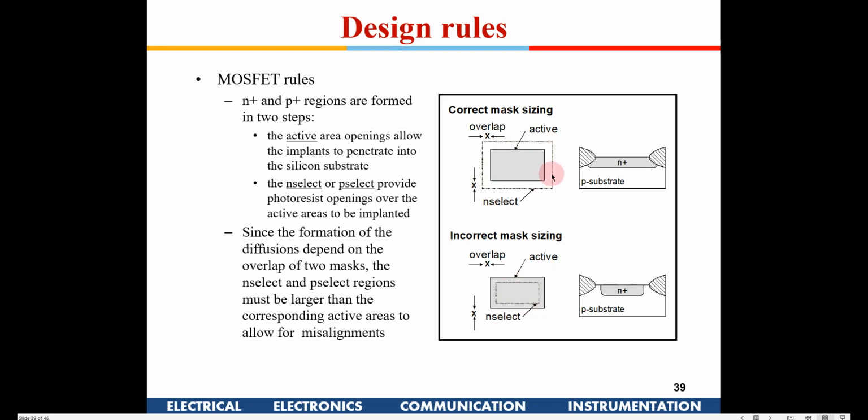This is going to get wasted here, that tolerance we take here, and we define the active area this much. So we take a bigger mask, N select. N select is the mask cutting which you have here, and this is going to be the active area. So these are some of the design rules. Okay.